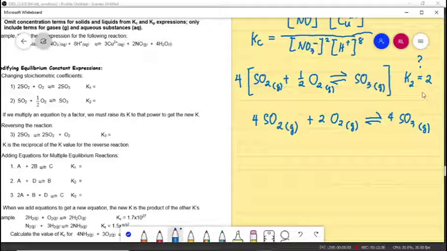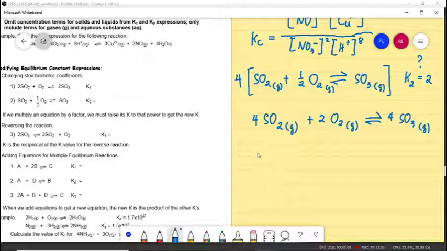Okay. So let's try to have, let us write first the equilibrium expression of the original equation. Okay.